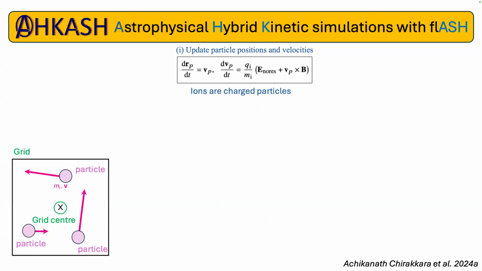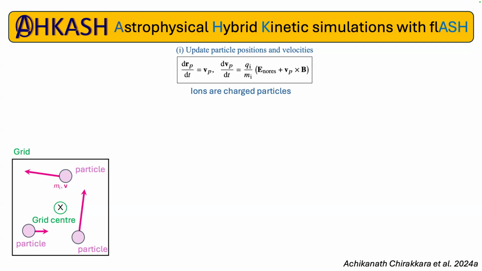So I'll just walk you through quickly what a hybrid particle-in-cell code does. You can think of having a computational grid, and this is the grid center, and there are many grid cells, but this is a very simple idea. So you have a computational grid, and you have these particles which are free to move and cross these grid cells.